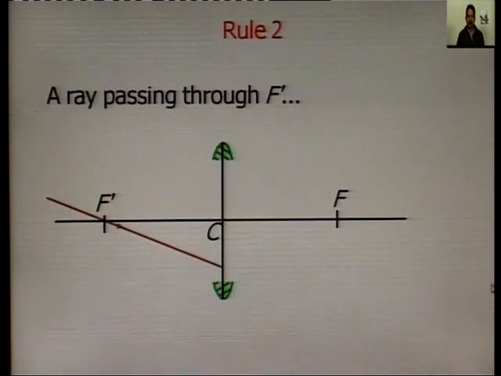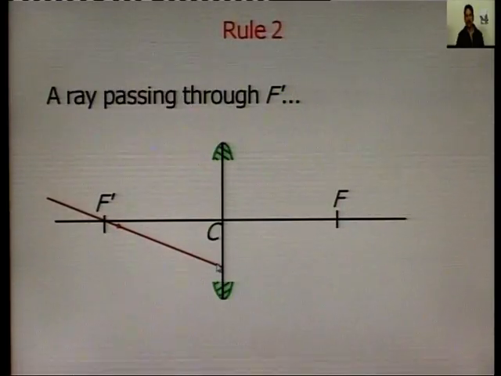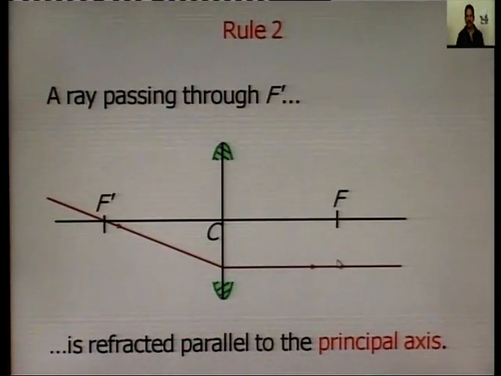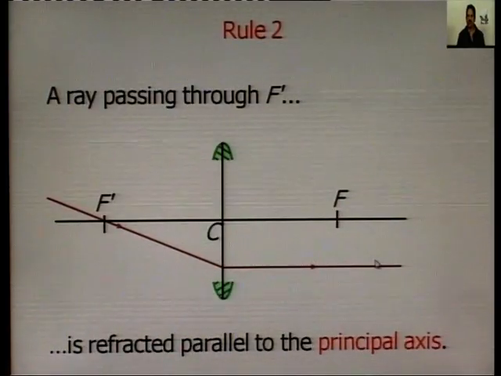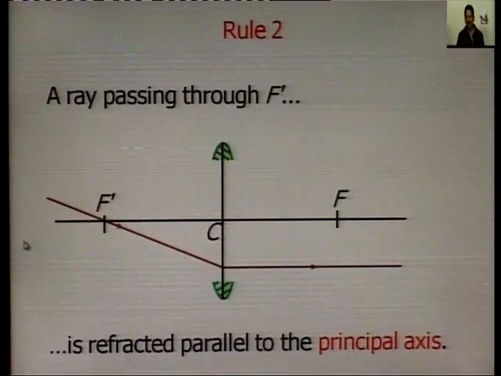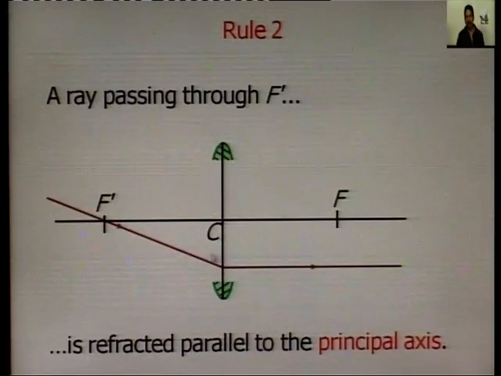Rule 2. A ray passing through the principal focus like this, after refraction from the lens, is rendered parallel to the principal axis. So, rule 1 is a ray parallel to the principal axis passing through the focal point. Rule 2 is a ray passing through the focal point rendered parallel to the principal axis.